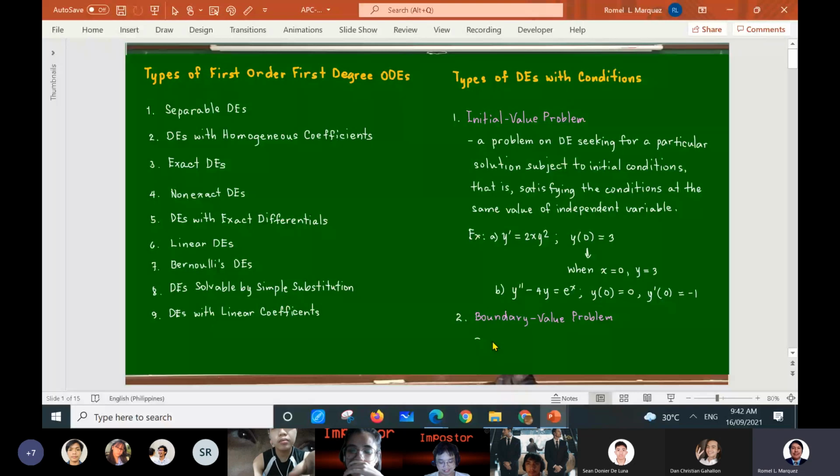It is a problem on differential equation seeking a particular solution subject to boundary conditions.